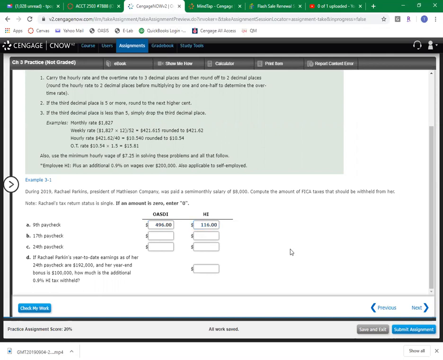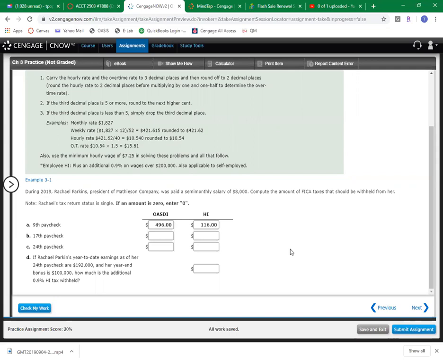When she gets to her 17th paycheck, if I calculated her gross pay including that 17th paycheck, 8 times 17, I would get a gross pay of $136,000. Well, I know I can only tax her on wages of $128,400.